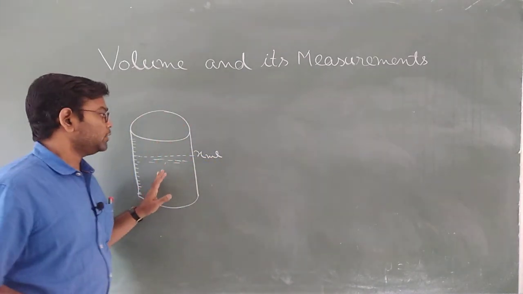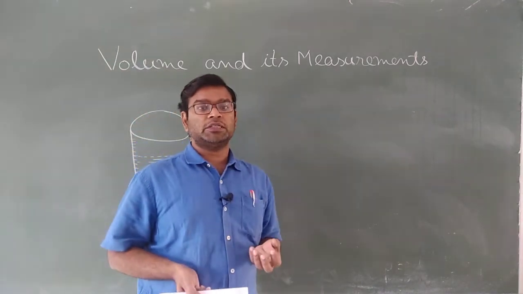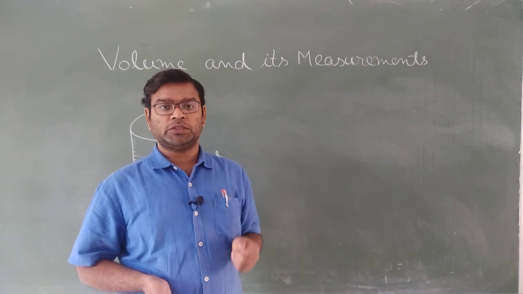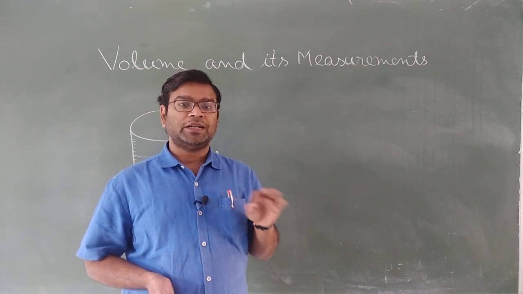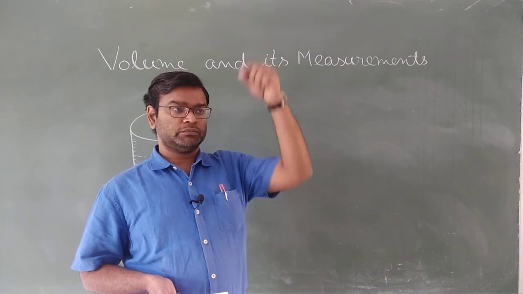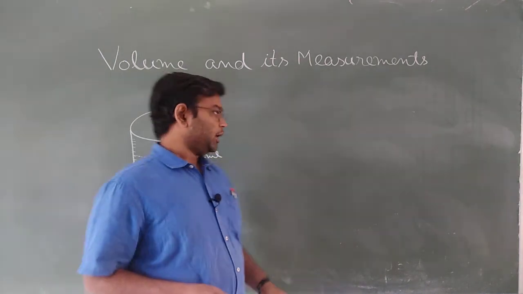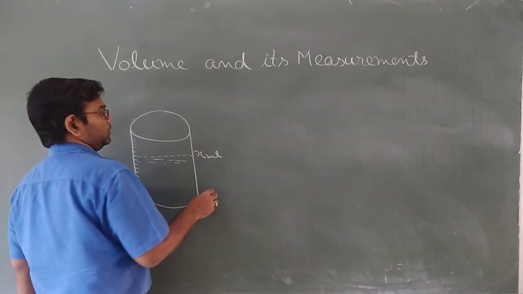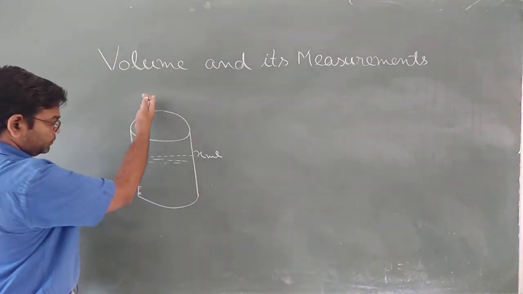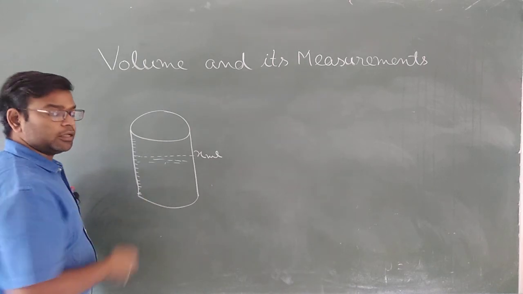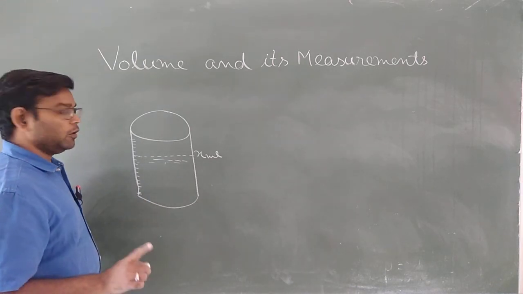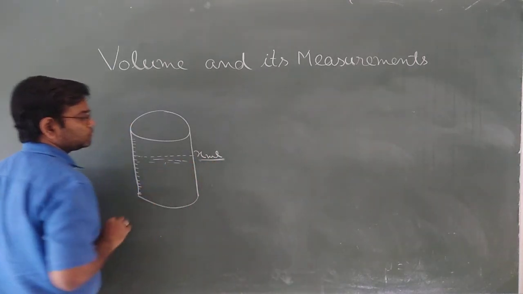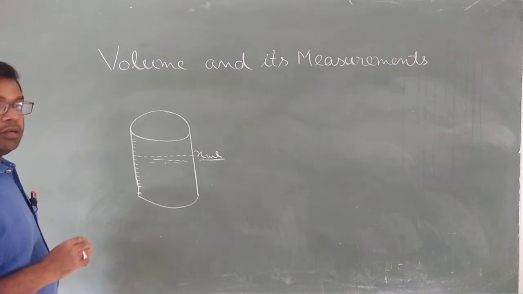Now we have some irregular shaped body, say some stone. How do we find the volume of that stone? First, tie that stone with some thread and insert that stone into the cylinder. But always remember that first we note down the upper level of the liquid.